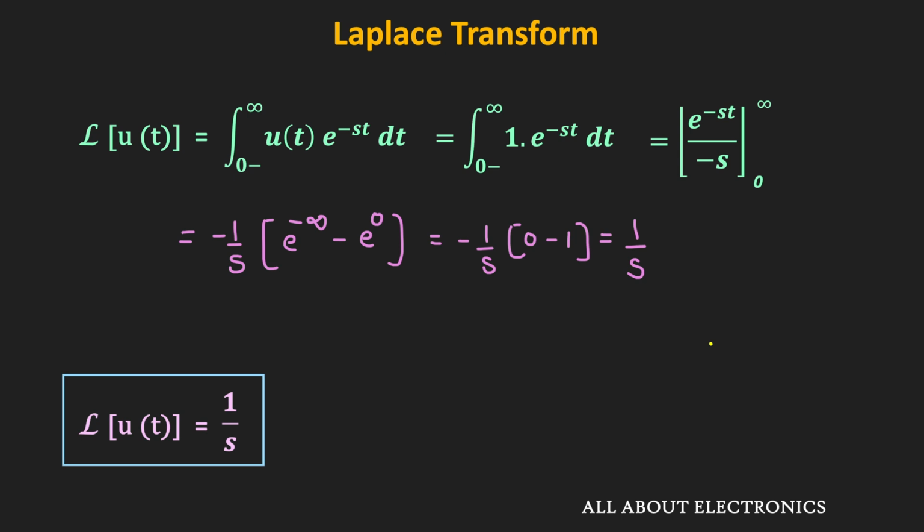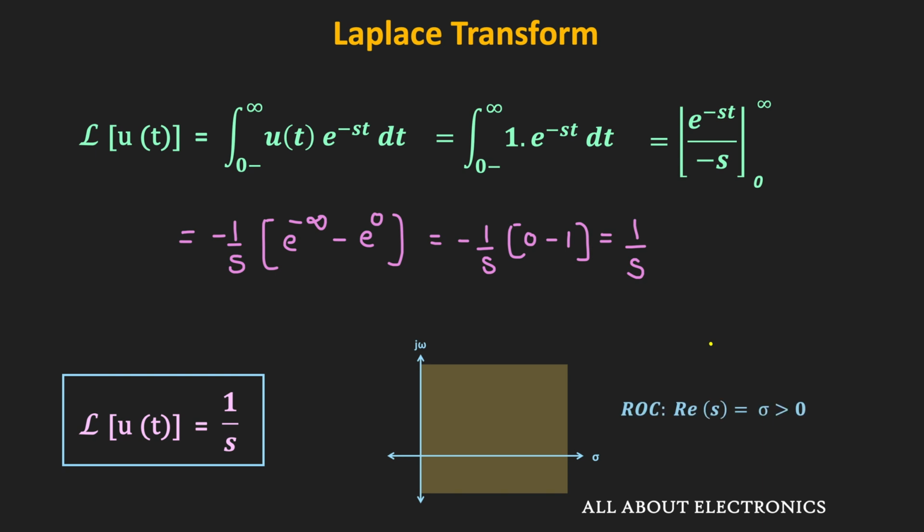Now, in the previous video we saw that for every Laplace transformable function, the region of convergence is also defined, and this ROC defines the range over which the Laplace transform exists. We have seen that this is the condition for the existence of the Laplace transform. For the given function, the integration converges when the real part of s, or sigma, is greater than 0. That means for the unit step function, the region of convergence is sigma greater than 0.